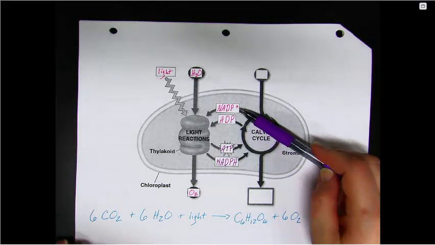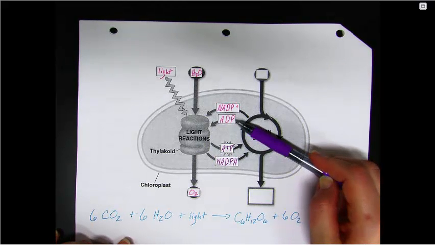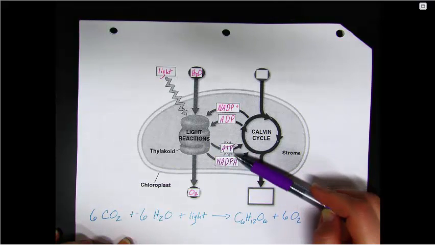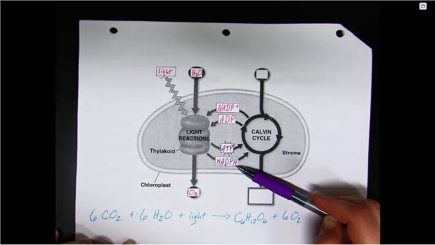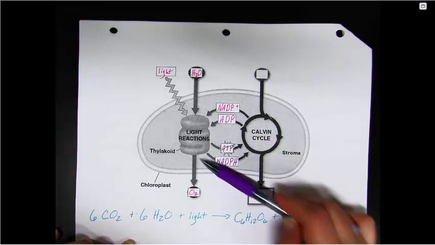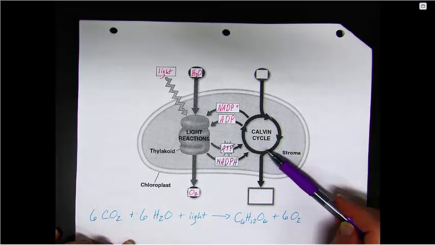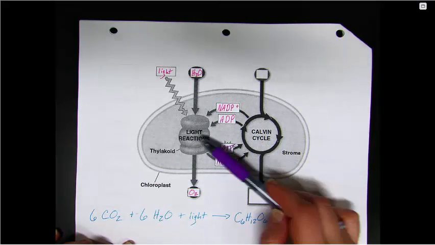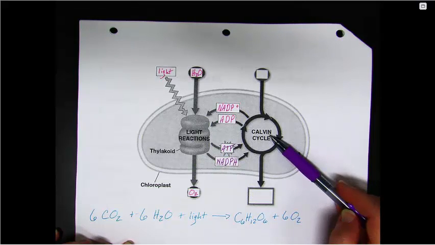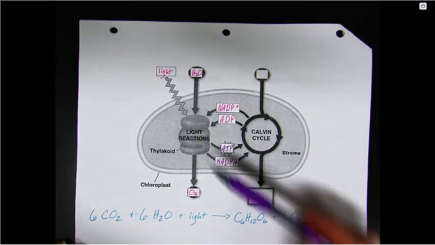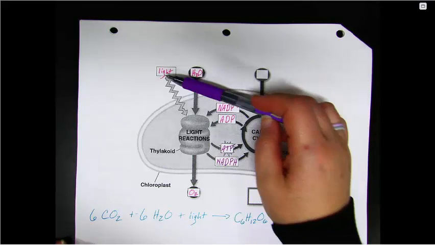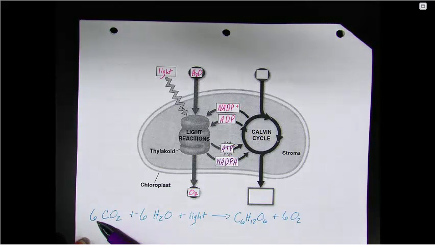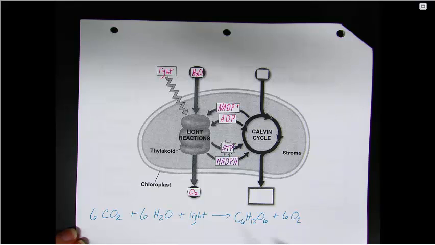Now this NADP plus and ADP that got turned into the ATP and the NADPH are constantly cycled between the light reactions and the Calvin cycle. So what's made in one is used in the next. However, we see the water, sunlight, and oxygen in our overall equation because those are things that are net added and net produced from the overall reaction.